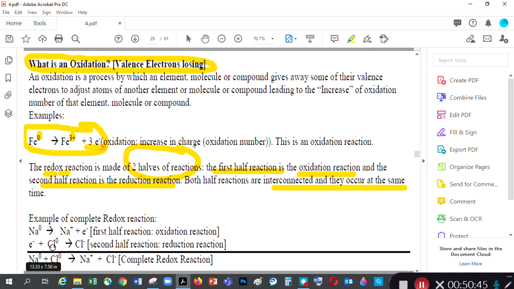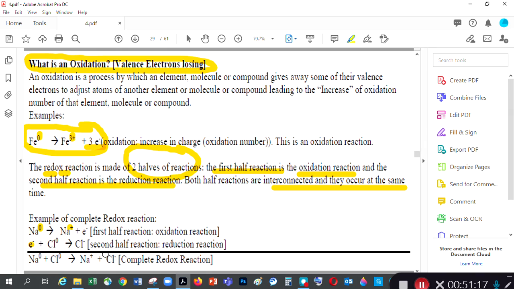Sodium atom reacts with chlorine atom. Sodium will be oxidized: it goes from 0 to +1, losing its electron. This is the oxidation half reaction. The chlorine takes this electron in and is reduced from 0 to -1. -1 is less than 0, and this is the second half reaction, the reduction reaction.